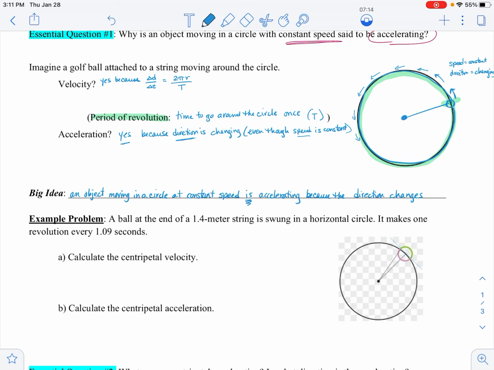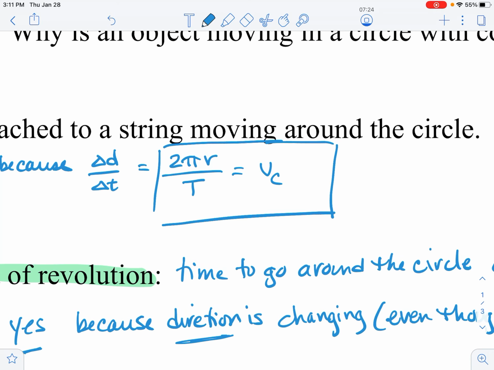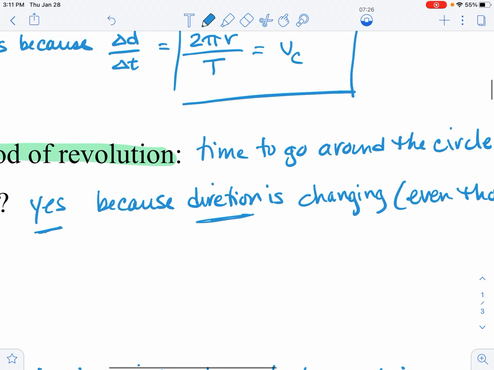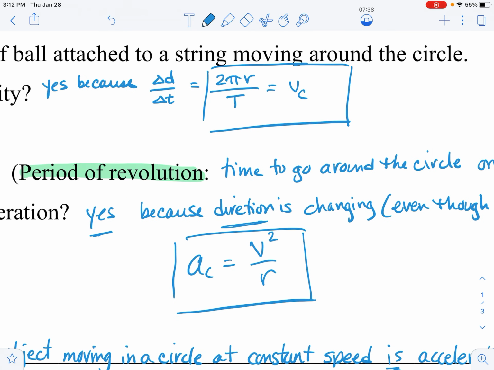All right, now we have a formula up here, 2 pi r over t. This is going to tell us the centripetal velocity. How do we find centripetal acceleration? Centripetal acceleration is going to be v squared over r. Okay, so here are our two new formulas. There's actually going to be a third one in a minute.